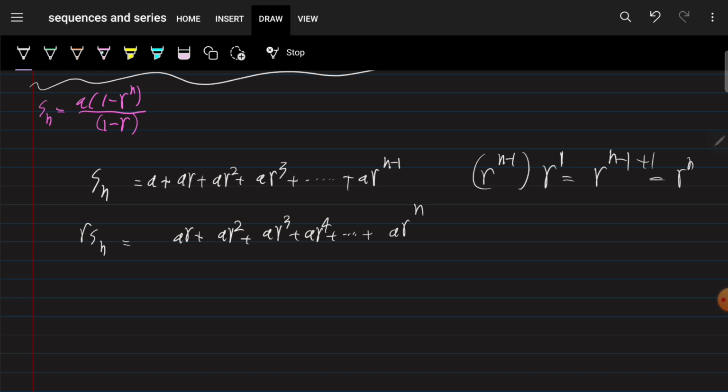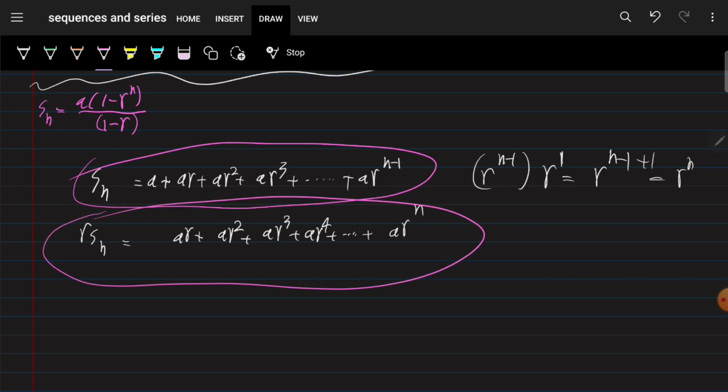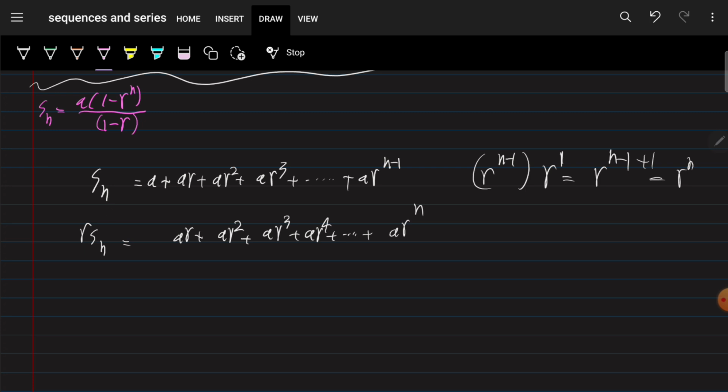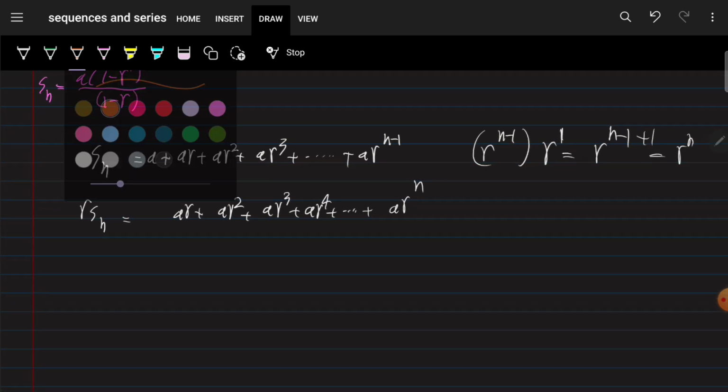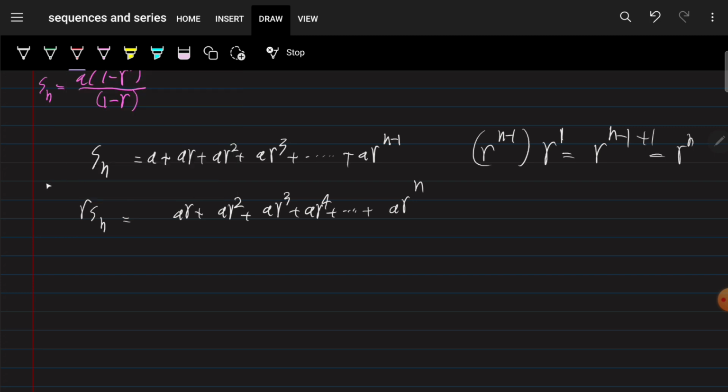We're going to subtract everything on top. So we're going to take everything on top and subtract everything on the bottom from that. So we'll take Sn. Maybe let me draw a subtraction here. So subtract. We're going to take Sn and subtract R Sn. So we'll get Sn minus R Sn.